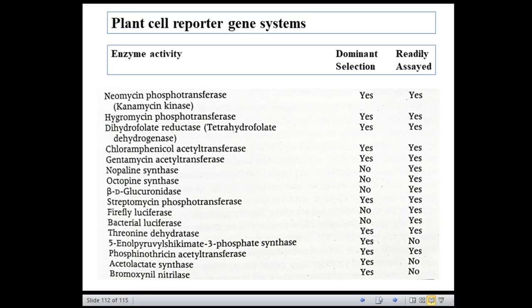So if you look at it from this perspective, in this context, it is best not to introduce antibiotic resistance genes into any crop plants.